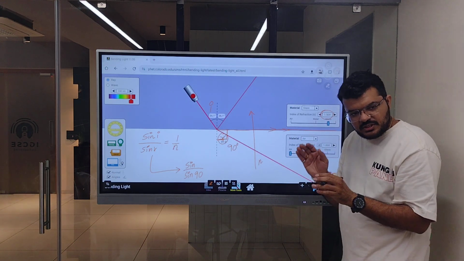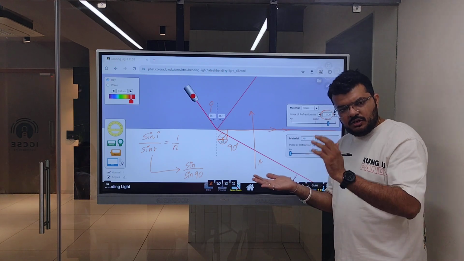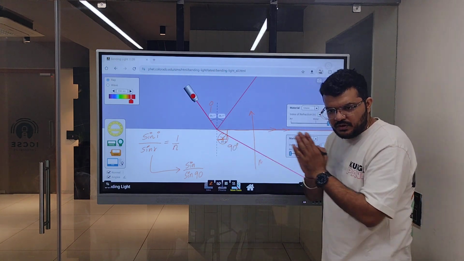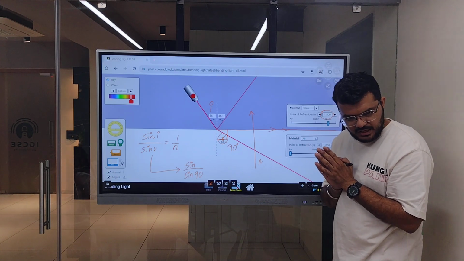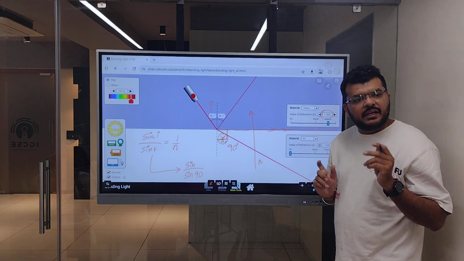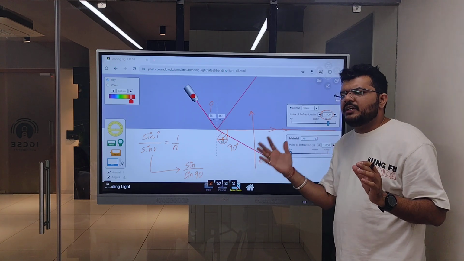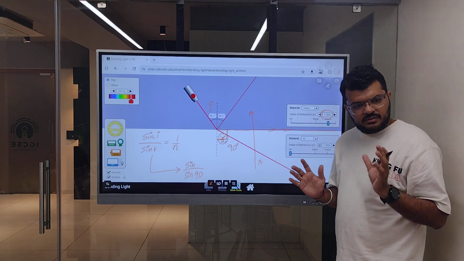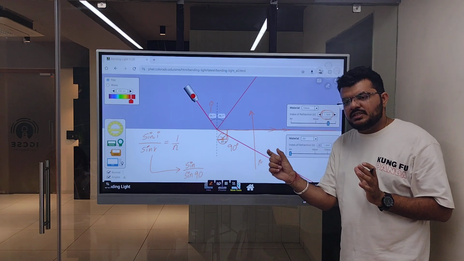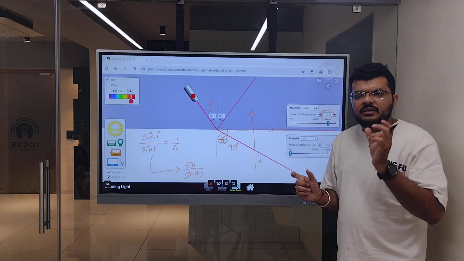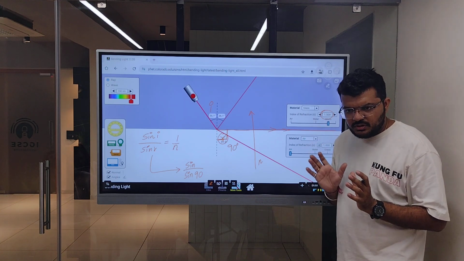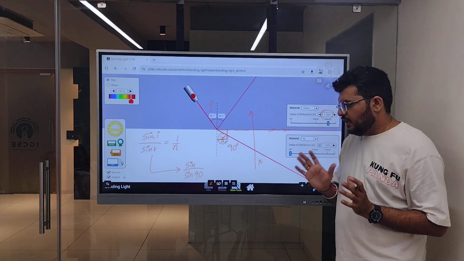Plane of separation. It's neither in air nor in glass; it is exactly on the plane of separation. So what is this known as? Critical angle. The angle at which no refraction takes place is known as the critical angle, or the angle of incidence where the angle of refraction is 90 is also the critical angle.